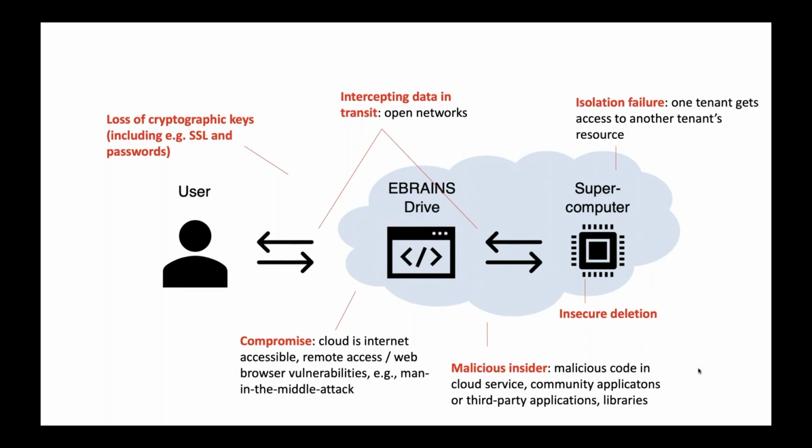In general, cloud infrastructures typically suffer from the same vulnerabilities. Because the cloud is internet accessible and also via remote access through a web browser, we have a lot of vulnerabilities also on the side of the web browser, on the side of the client, that make such an architecture inherently vulnerable to cyber attacks.